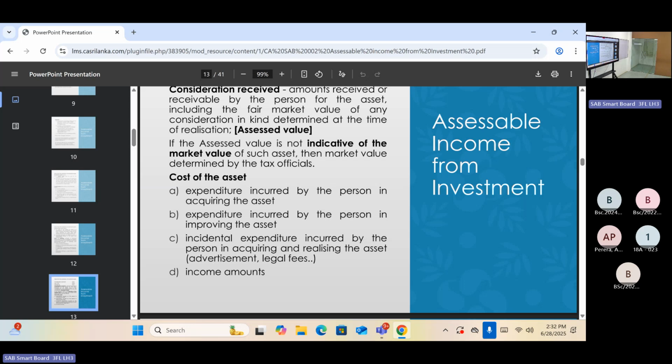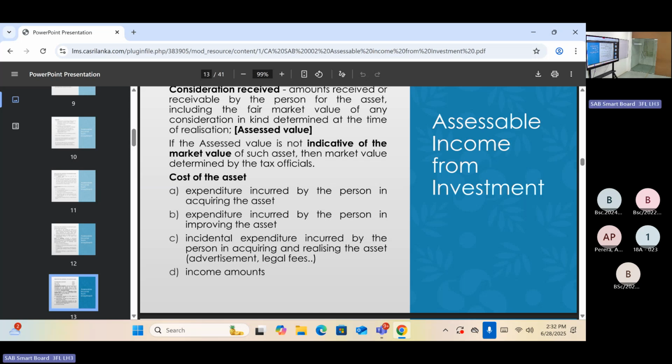I have to pay notarial charges, stamp duty, sometimes agent fees or brokerage charges. Those are called incidental expenditure in the acquisition of the asset. Similarly, on disposal, advertising costs and broker charges can be considered part of cost.